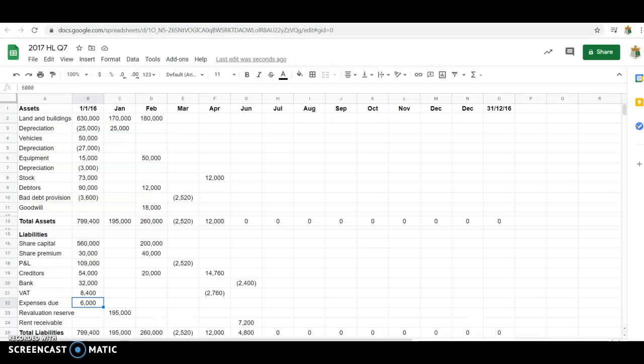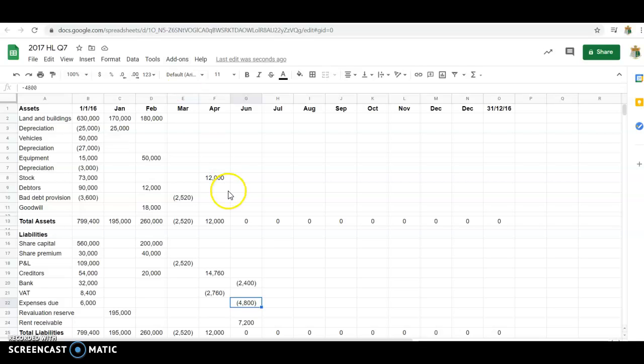So that's what that expense due is. Okay, or some of it anyway. We'll see at the end, it's not all of it. So there's expenses due of €6,000. Okay, so we actually owed €6,000 to someone for expenses. So I'm going to put the €4,800 in there. Okay, so that's those expenses due actually being paid.